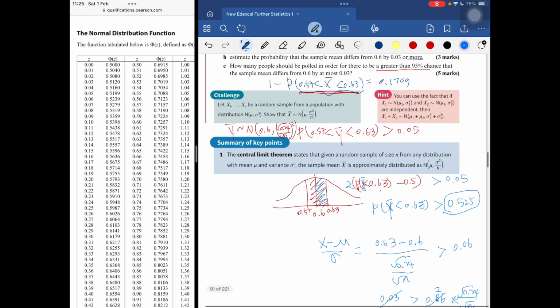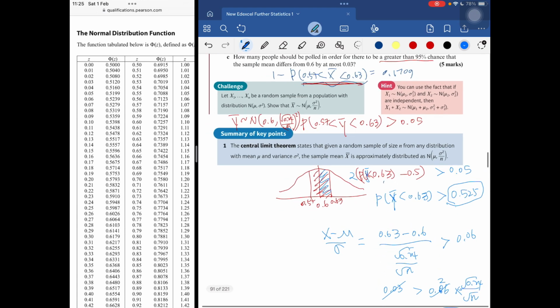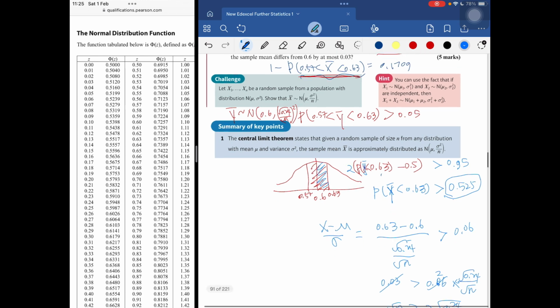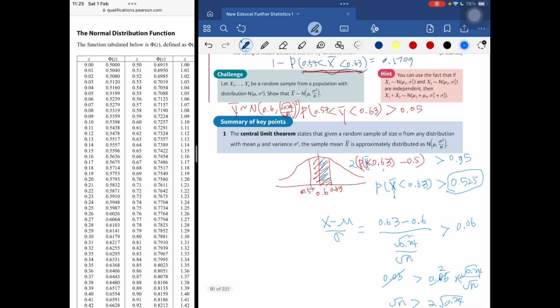No, I mean greater than 95%. Why did I make it 0.05? Because of the stats test, whenever I see 95%, I always think it's 5%. So 0.95 over 2 plus 0.5. So how much is this?